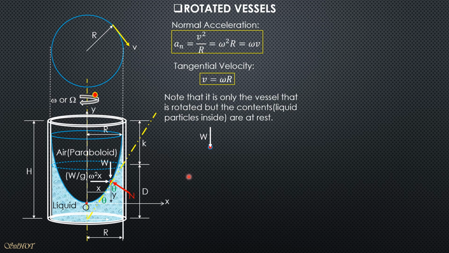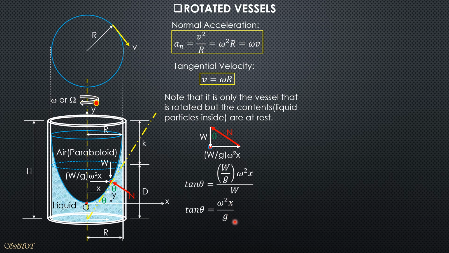So if we draw the force triangle, we have the weight, then horizontal W over G times omega square x, then the normal, and this angle here is theta. So therefore, from this figure, tangent of theta equals W over G omega square x divided by W. So cancelling out W, tangent theta is equal to omega square x over G.